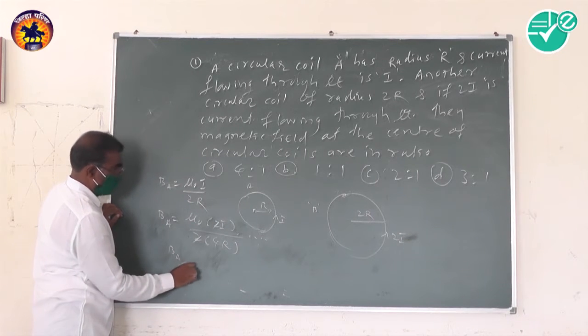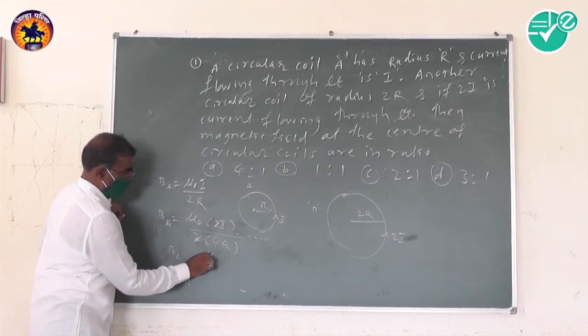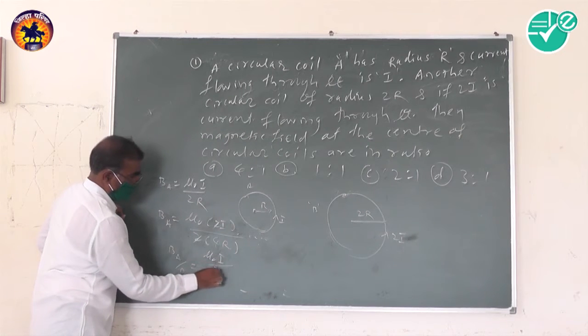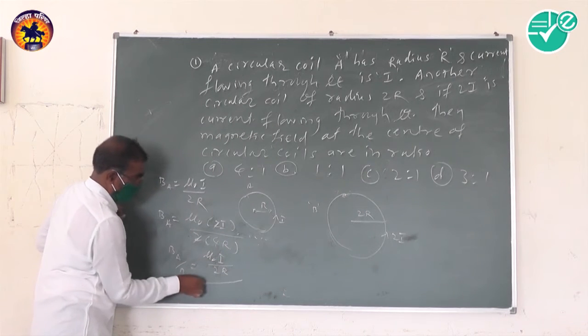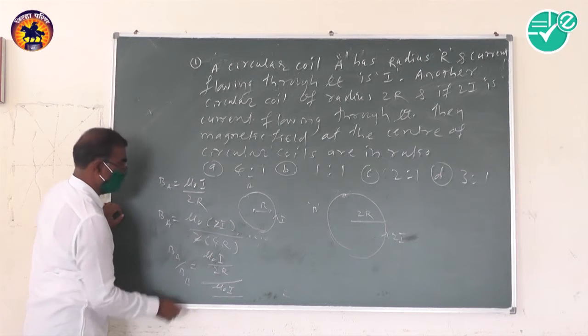BB equal to mu 0 I upon 2R divided by mu 0 I upon 2R.